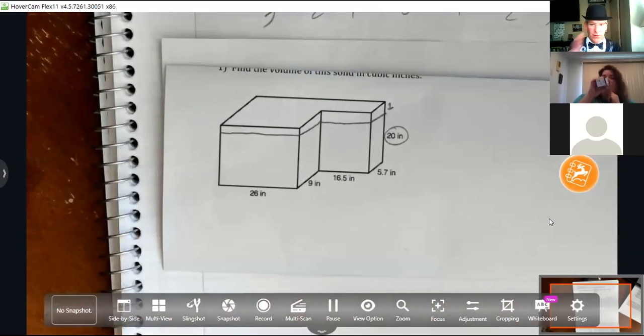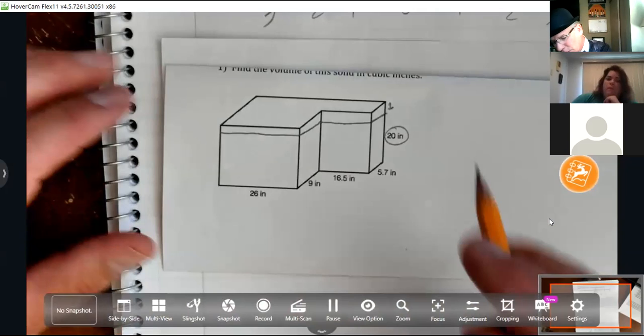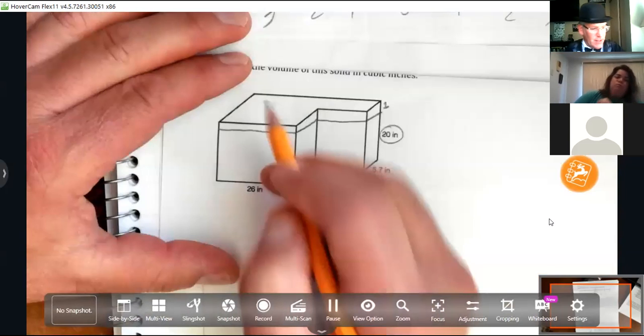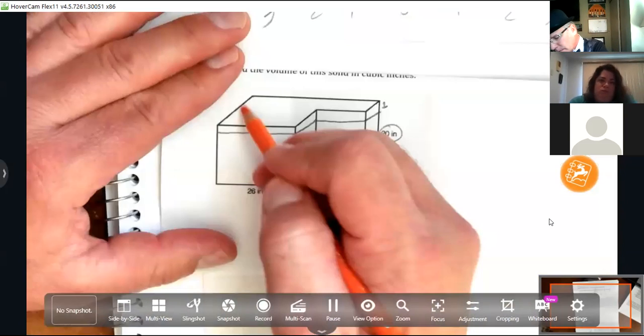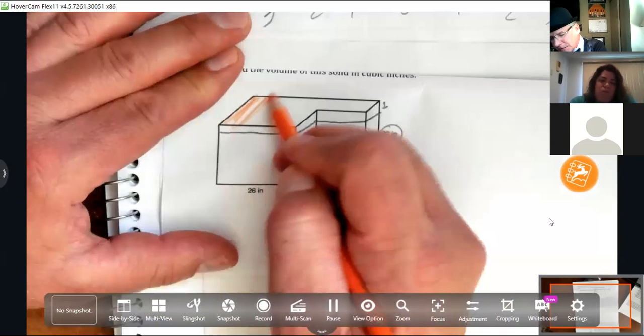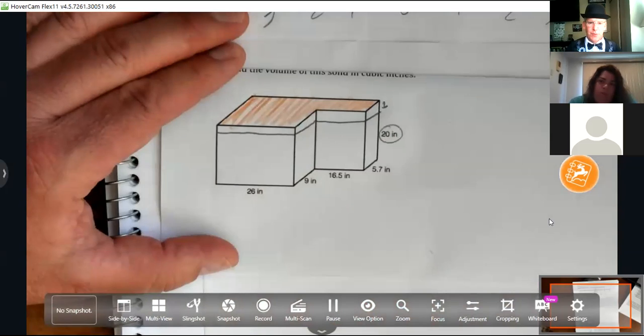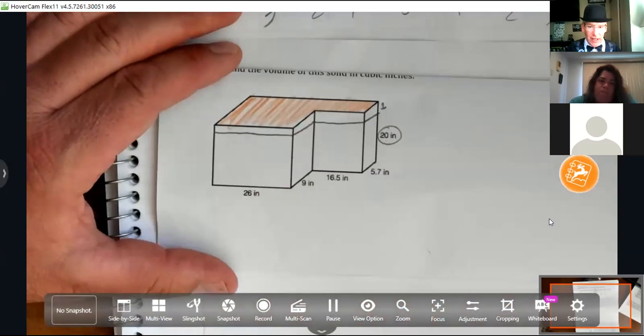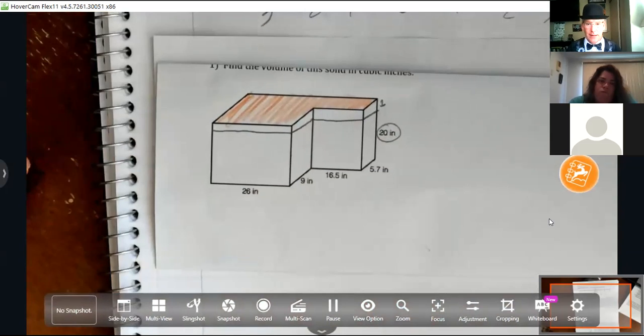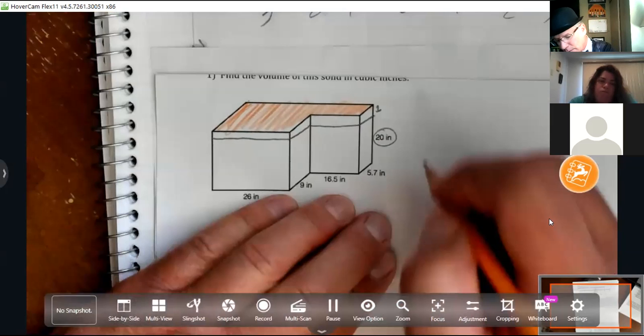So that's one way of doing it. We would look at the top view. So if I just took this shaded portion, the orange part, we calculate the area of the orange part and then multiply that by 20. So let's take a look at that. I'm going to do that with that method first.